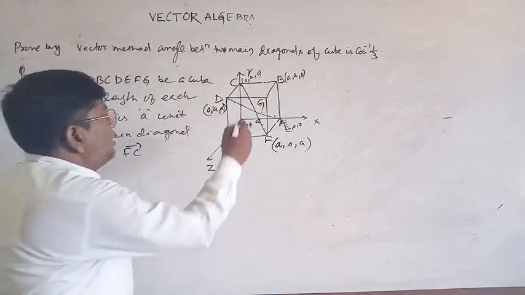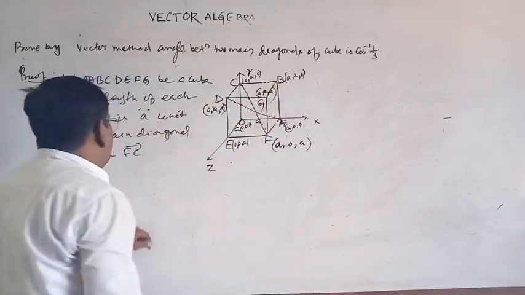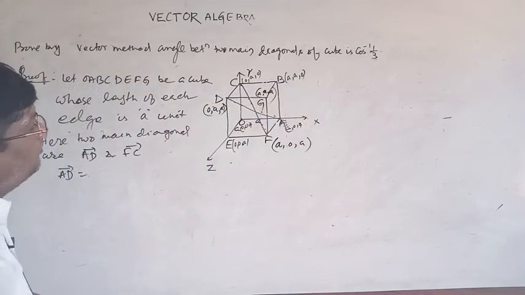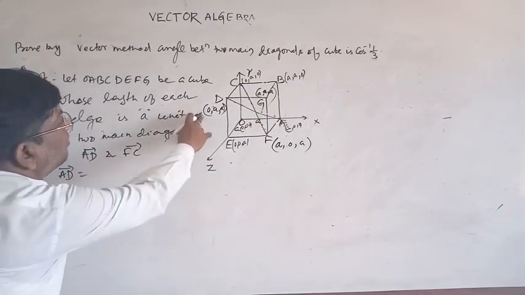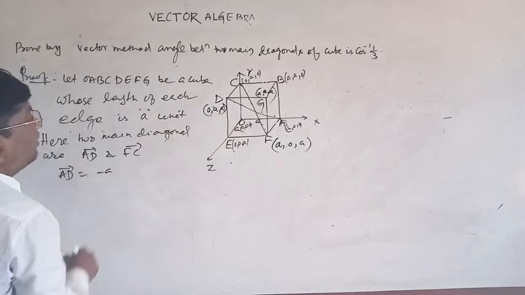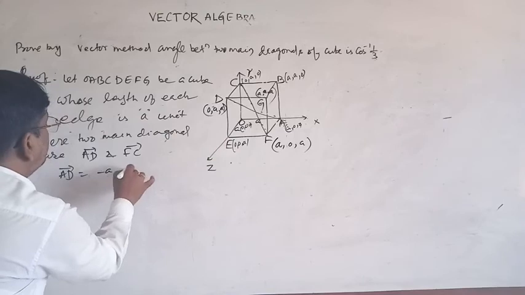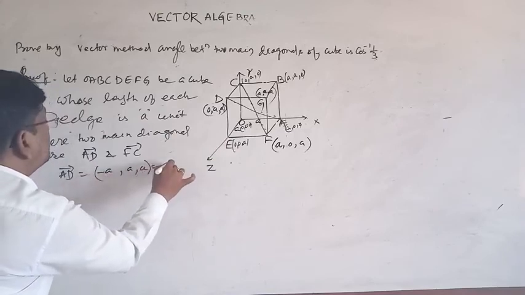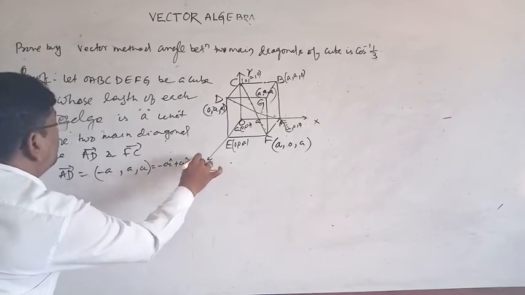Clear? Now AD means D minus A: 0 minus a, a minus 0, a minus a. This can be written as minus a i cap plus a j cap plus a k cap.